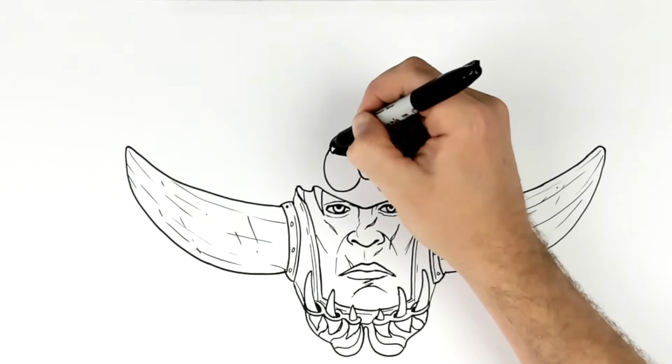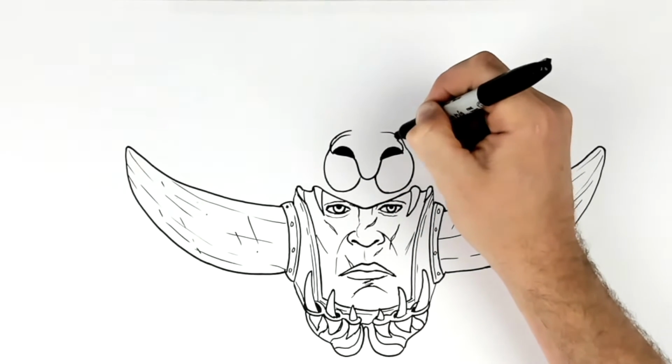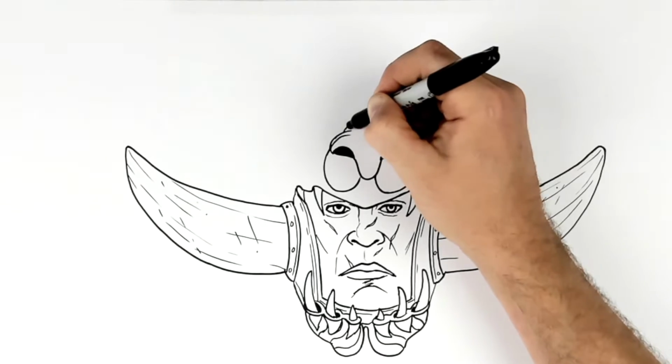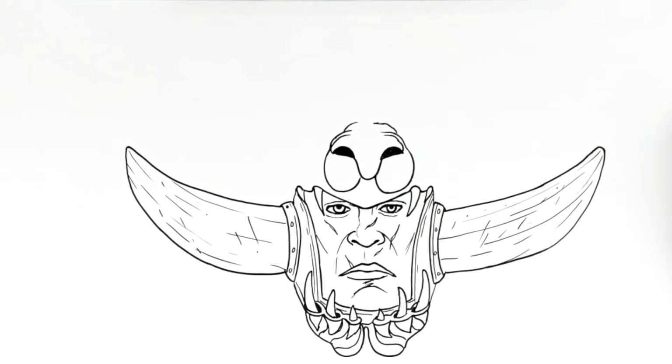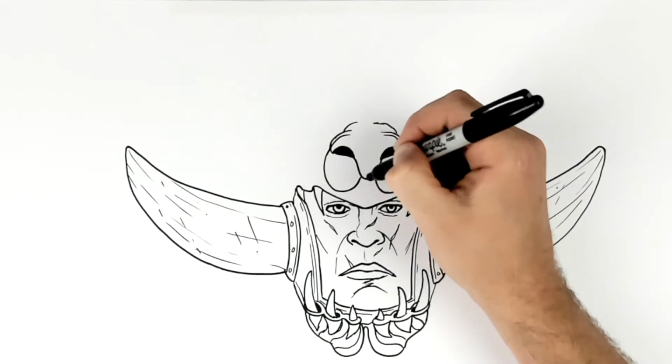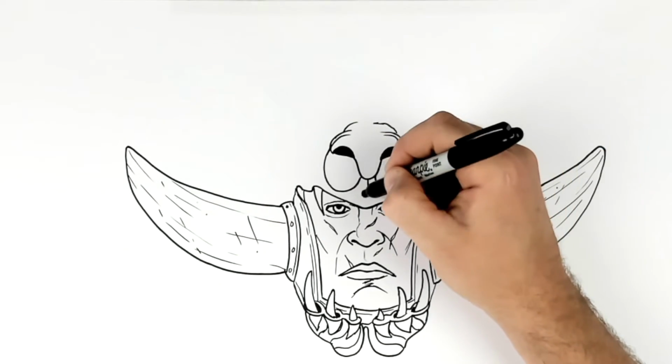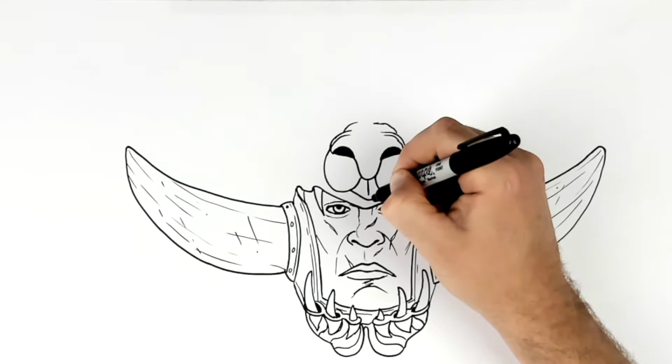Make some lines just for the nostrils, side of the nostrils here. Wrinkles coming up. Like so, and then like something coming down the middle. Another line here.